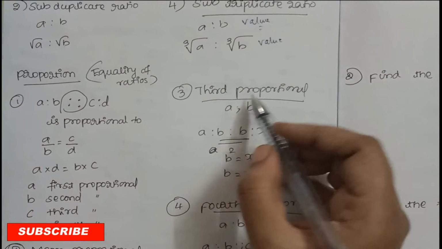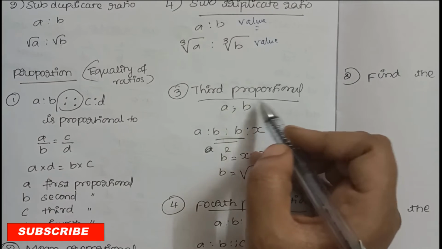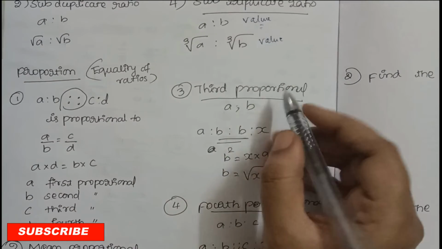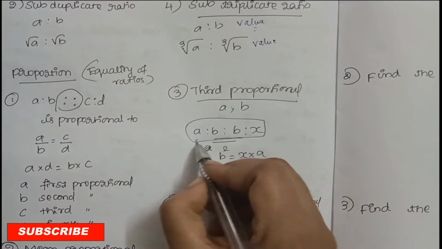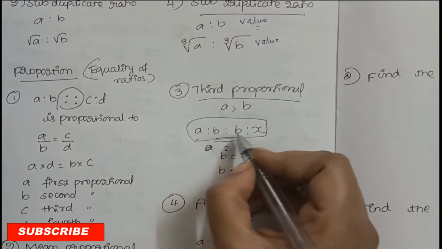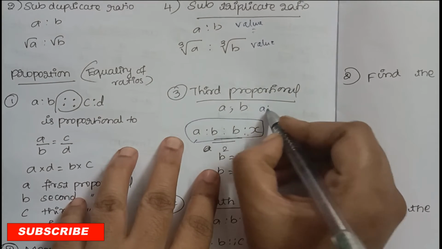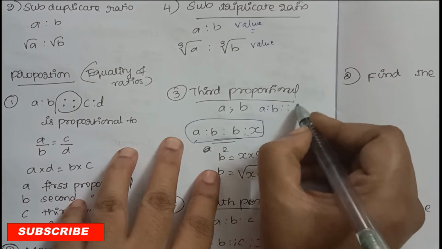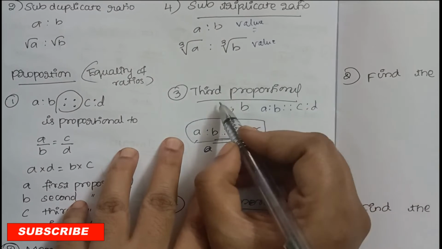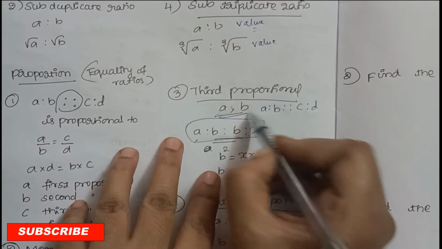Third proportional. If we want to get the third proportional of A and B, it can be written in the general form A is to B is proportional to C is to D. Here A and B only are given.